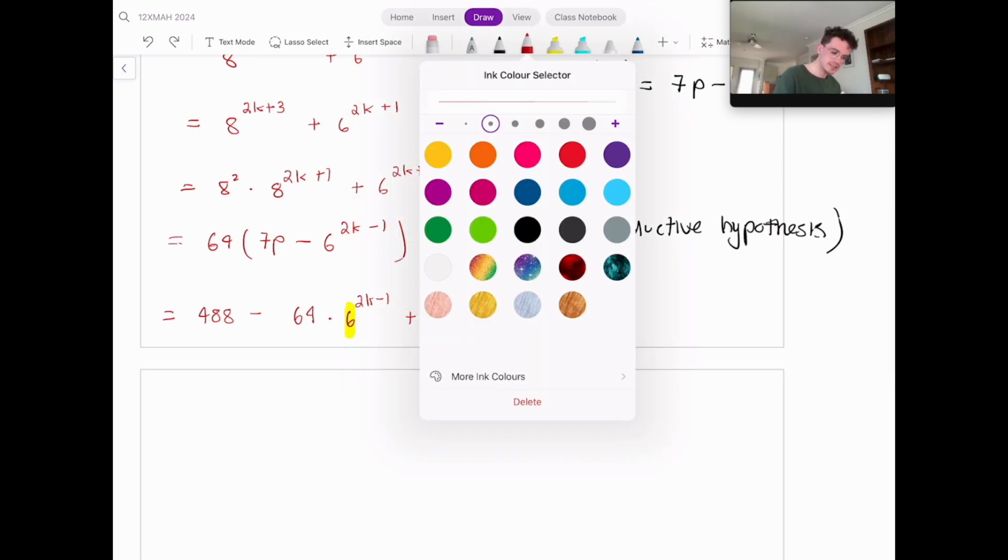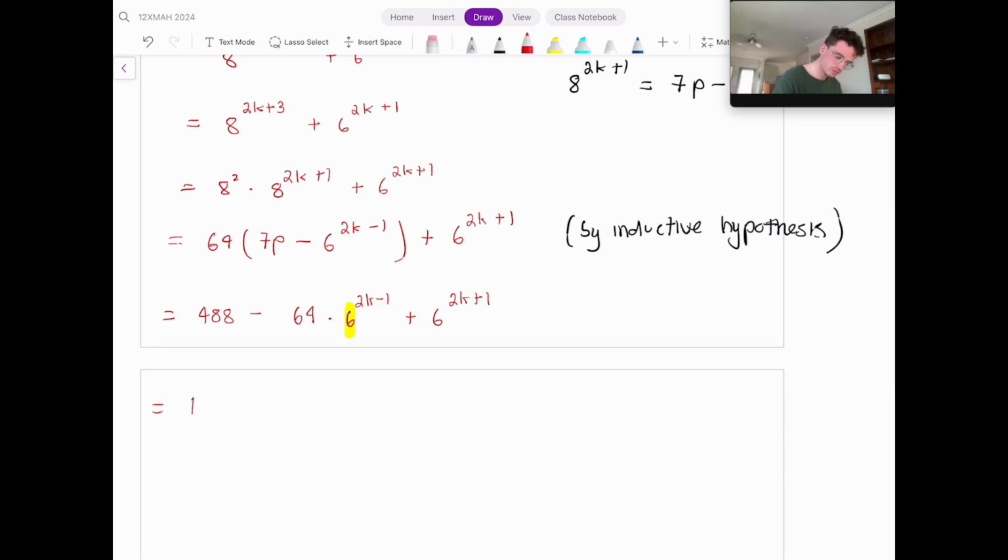So I'm going to say this is 448p minus 64 times 6 to the 2k minus 1 plus 6 squared times 6 to the 2k minus 1. So using my index laws, I've taken away 2 from 2k plus 1 and I get 2k minus 1. Now I've got some like terms.